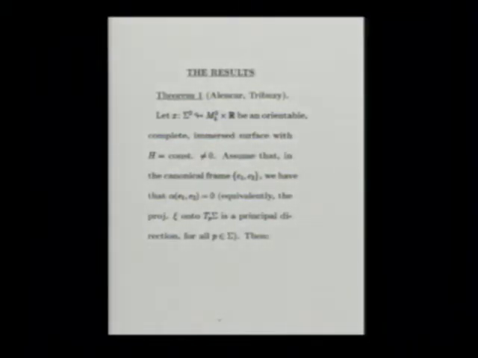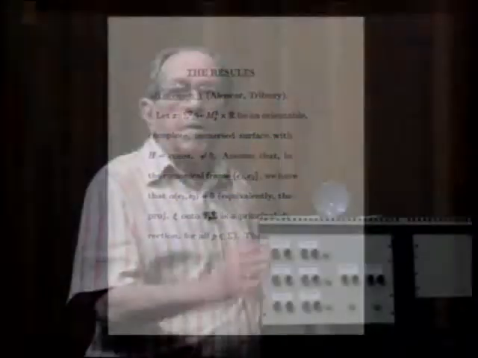Assume the canonical frame diagonalizes the second fundamental form, that is, alpha(E1, E2) is 0. That's equivalent to saying that the projection of E1 is the projection of xi on the tangent space. And this condition is equivalent to saying that this projection is a principal direction. So the normal one is again a principal direction, and then it diagonalizes the second fundamental form.